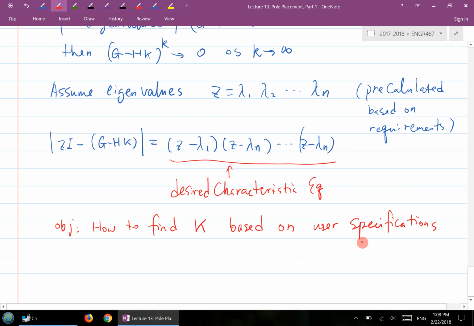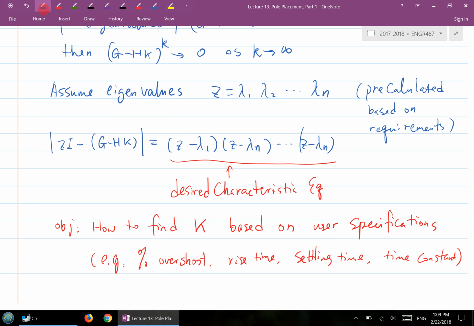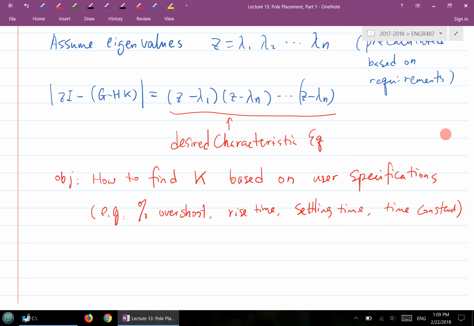Specification basically means, for example, as I mentioned, the percentage overshoot, rise time, settling time, or time constant. These are the typical user specifications that you will give. They are pre-given, and given these, you can calculate the gain matrix. Keep this in mind. Basically, this is how we want to find our gain matrix.